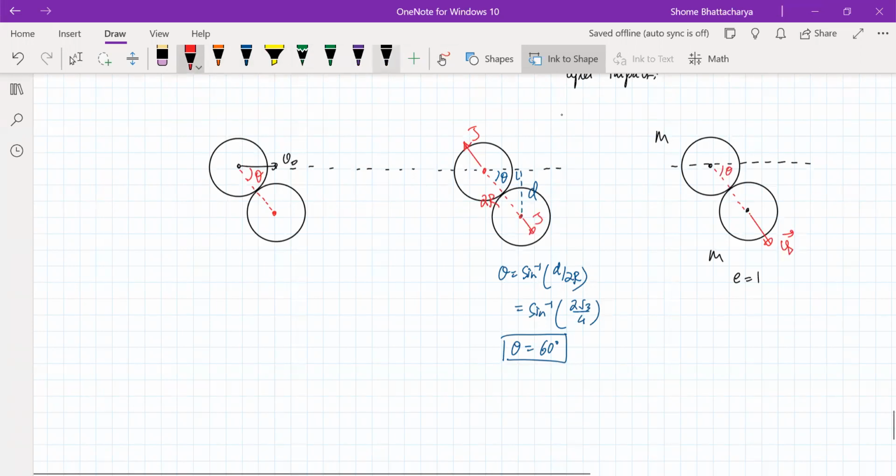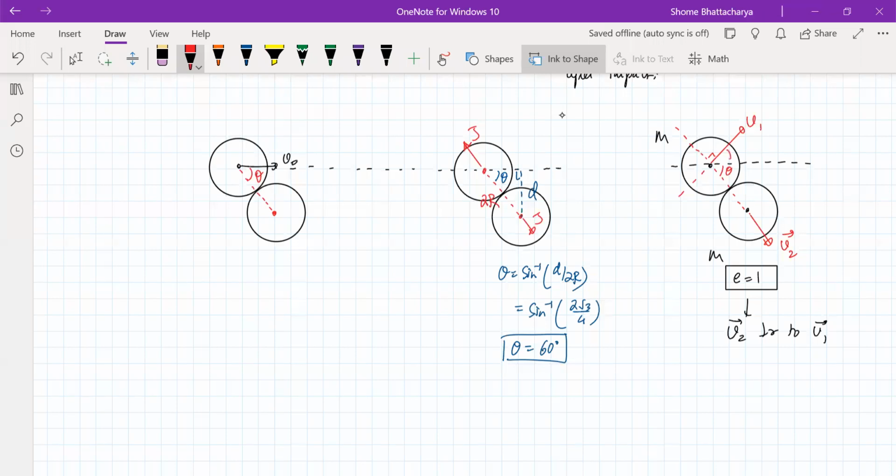Now using the theorem that e is equal to 1, which means here that V2 will be perpendicular to V1. If we just use that, we'll understand that this velocity will be at 90 degrees here. Okay, so this angle, let's say phi, will become 30 degrees. So that is using this theorem.